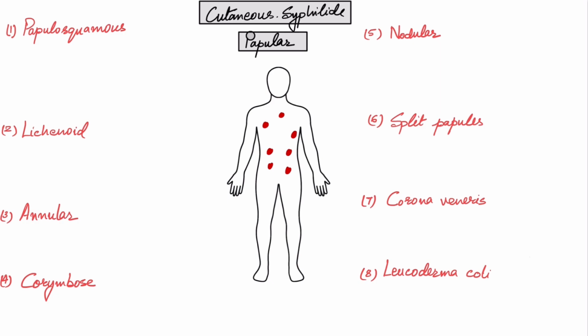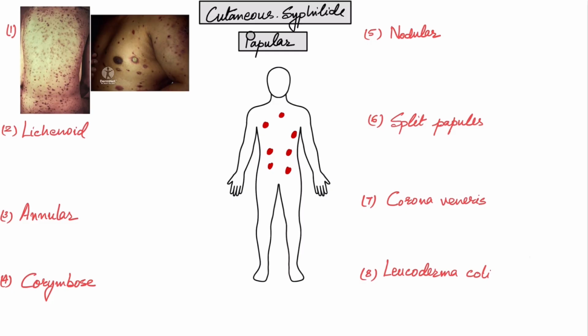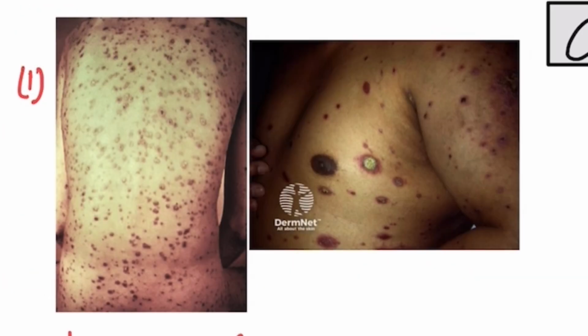Clinically, it can present like any disease, but these are the most common types of presentations of papular cutaneous syphilid. One of the most common presentations is the papulosquamous type. It has adherent scales over the papules and plaques, and it presents like a psoriasiform eruption.